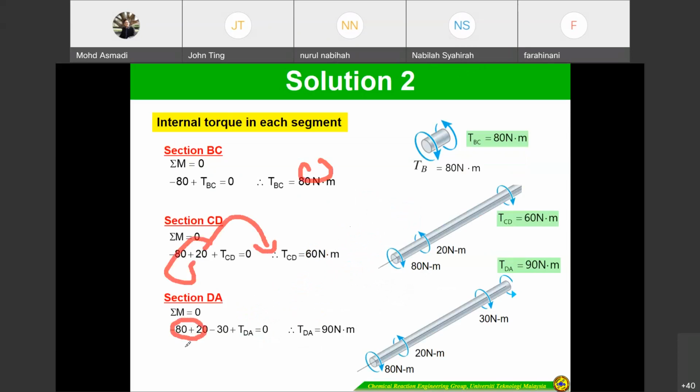Plus this one is 60, 60, 90, negative 90. So it's positive. So this is the correct one, this side and this side.